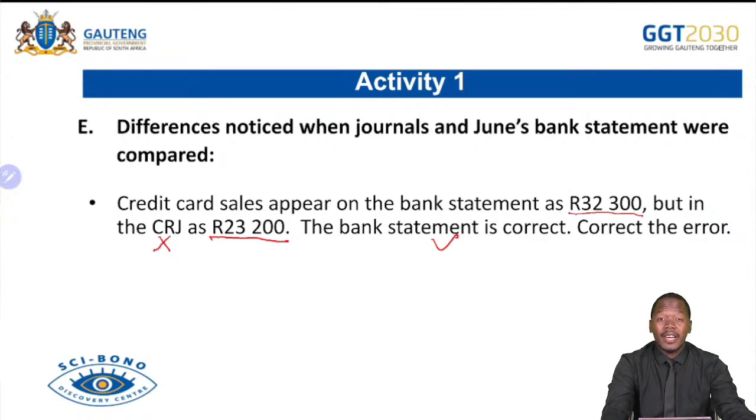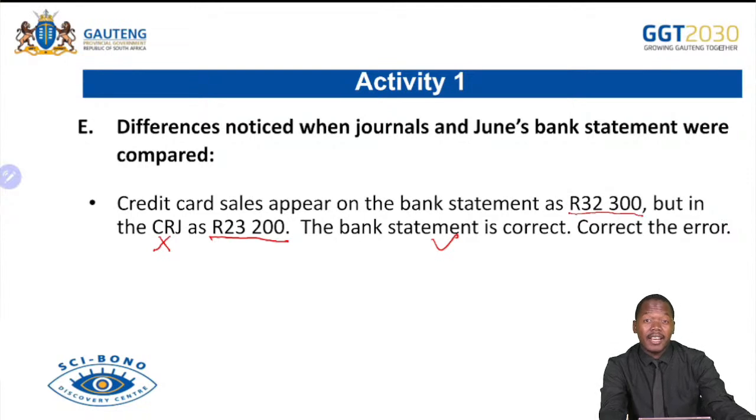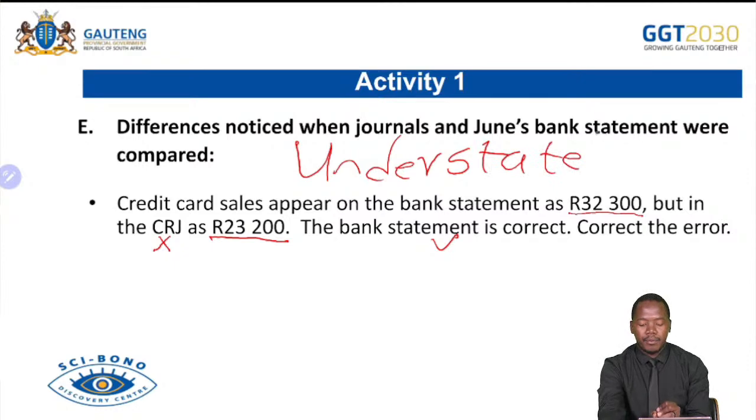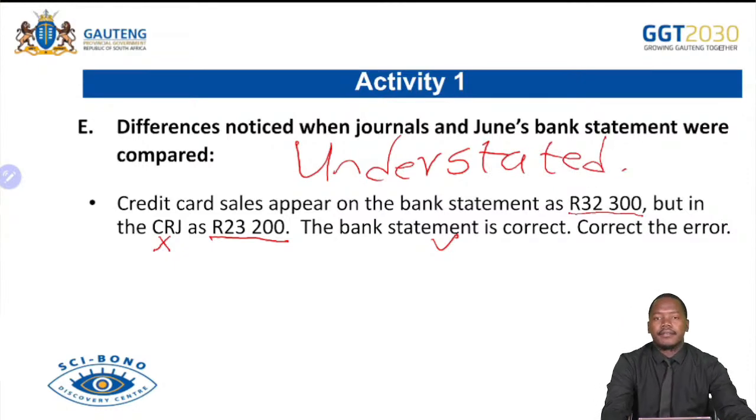It means we recorded 23 instead of 32. So we can say we have understated.